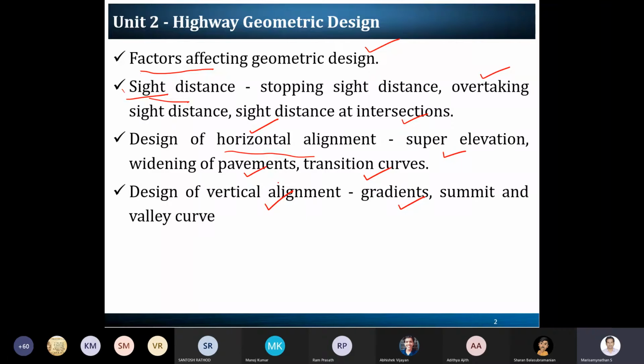So definitely when it comes to UPSC, the GATE exam and all, there is a high probability of questions from this unit, specifically from the stopping sight distance estimations, the overtaking sight distance estimations, the super elevations, or maybe the gradients related to design in the vertical alignment. So these are the four major chapters where you can expect confirmed questions in your competitive exam.